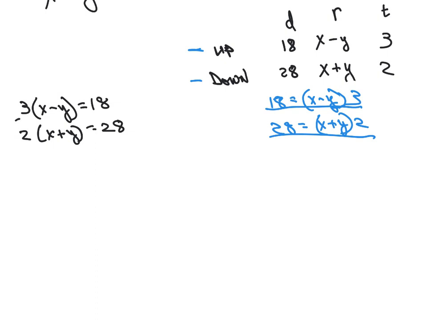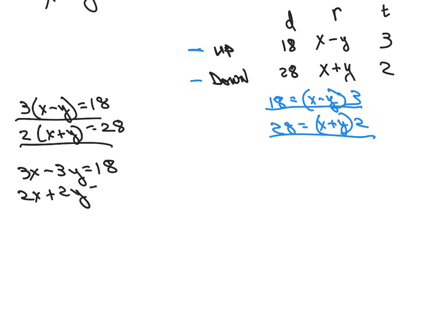Now let's distribute. We get 3x minus 3y equals 18, and the bottom equation gives 2x plus 2y equals 28. Pretty simple there. These are the equations we're solving for x and y.